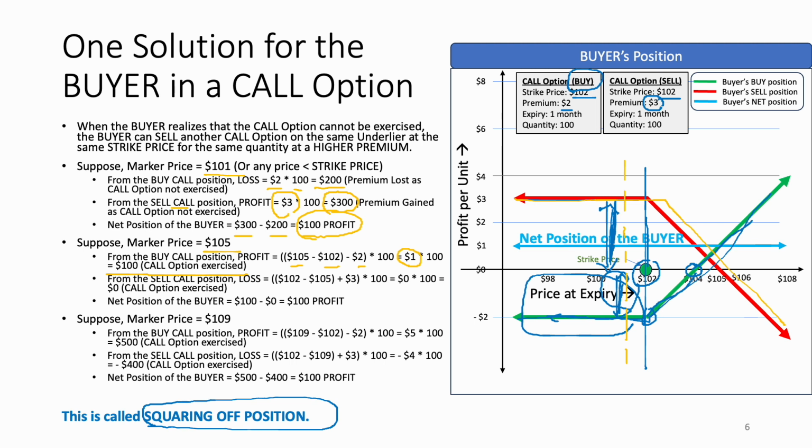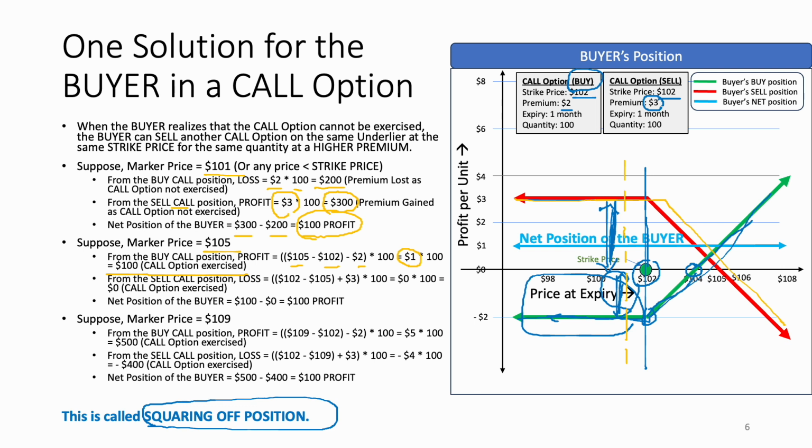Now, for the sale of the call option which this buyer has made, his corresponding buyer will also exercise the call option because he is at a profit at $105. So when he exercises that, in this case, this buyer will suffer a loss.